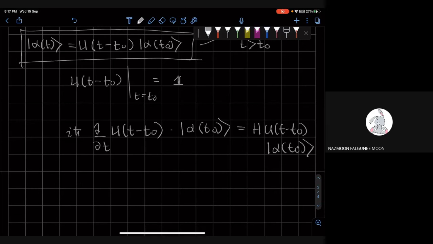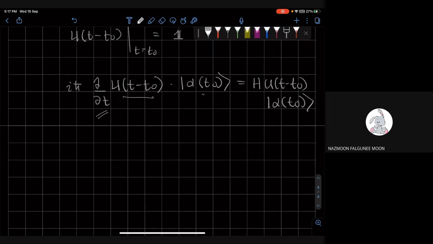See that here, this derivative acts on this guy only. It does not act on the state. So this equation is true for all alpha, all initial conditions. Therefore, it must be true as an operator equation. Therefore, we derive in such a way an equation for our time evolution operator.